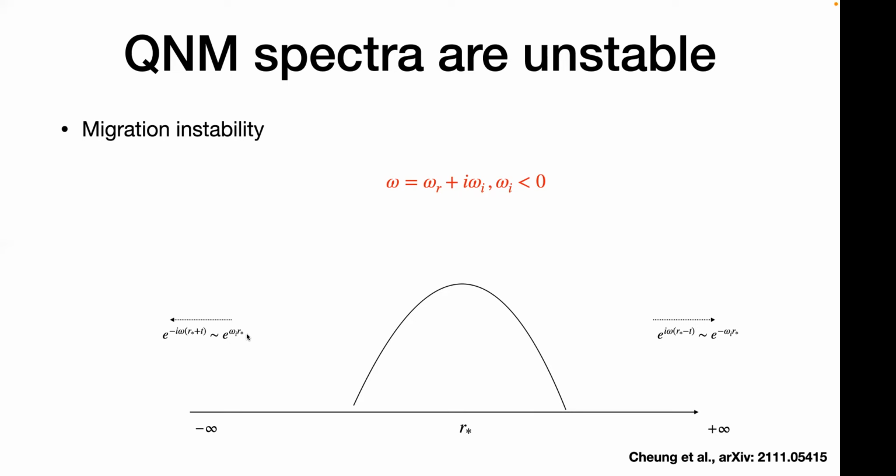This phenomenon is called migration instability. This instability already looks pretty strange. It says that a perturber, even if it is far away from the system, has a huge impact on the eigenmodes of the system, which is very counterintuitive.